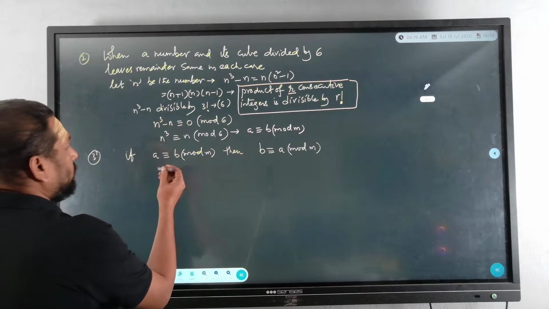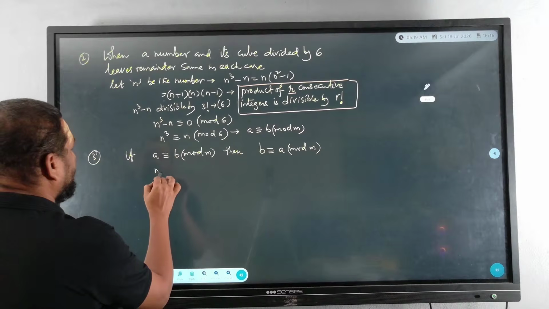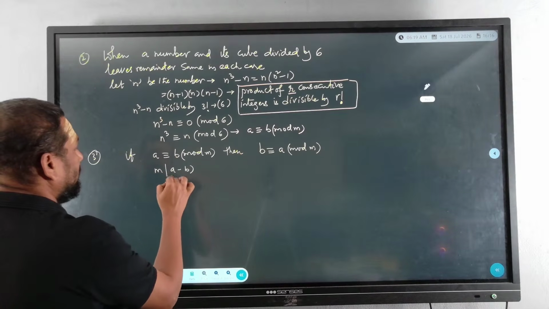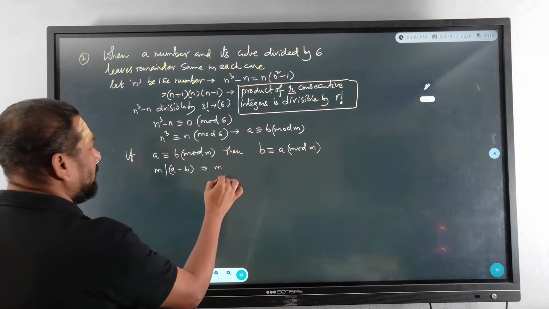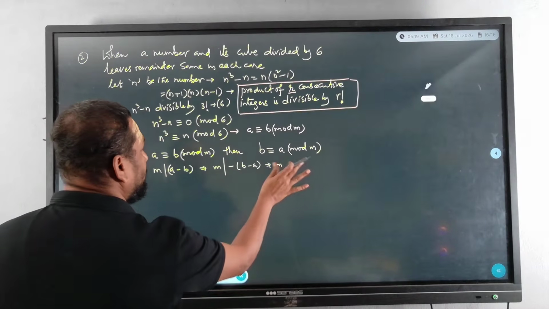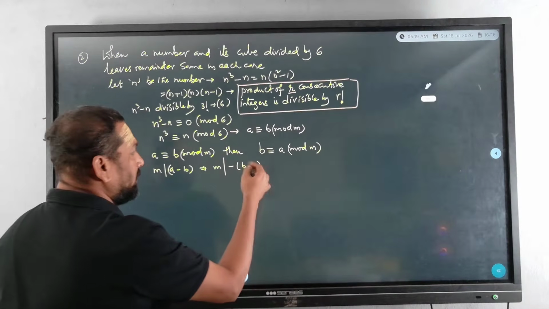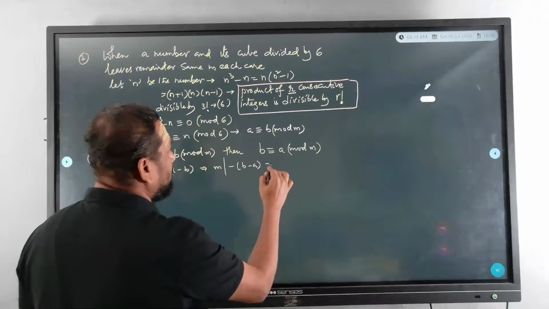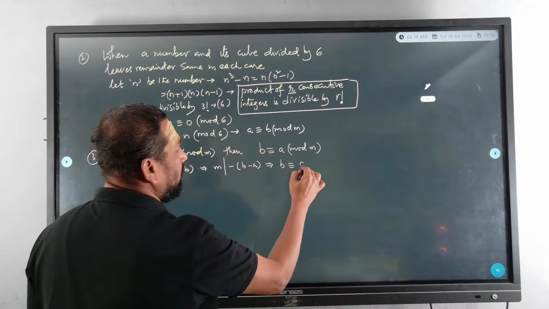A congruent to b mod m means m divides a minus b, then m divides minus of b minus a, so m divides b minus a. That implies b congruent to a mod m.